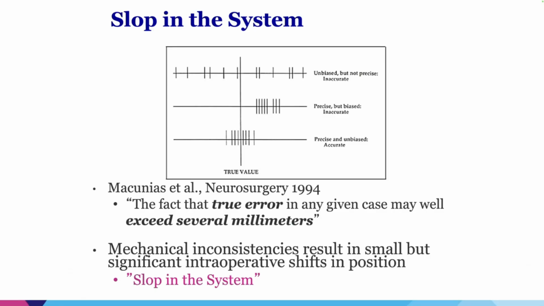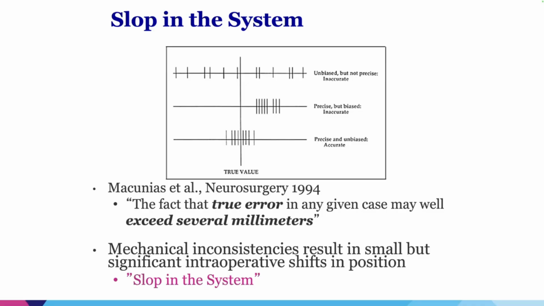One of the things that microelectrode recording was good for was removing the slop in the system. While head frames have a theoretical millimetric accuracy, the error can, in real time and in real applications, exceed several millimeters.